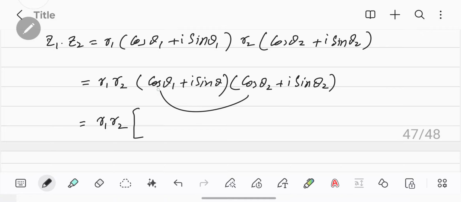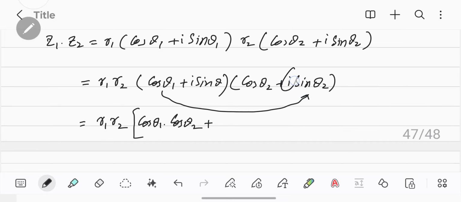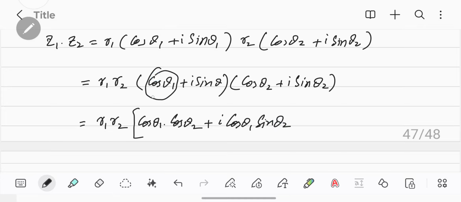So first of all, multiply cosine of theta 1 with cosine of theta 2, so you write cosine of theta 1 times cosine of theta 2. Now you have to multiply this with this thing. This is i, so you can write i here, times cosine of theta 1 sine of theta 2. This is done. Now you have to multiply this thing with both: plus i sine of theta 1 times cosine of theta 2.